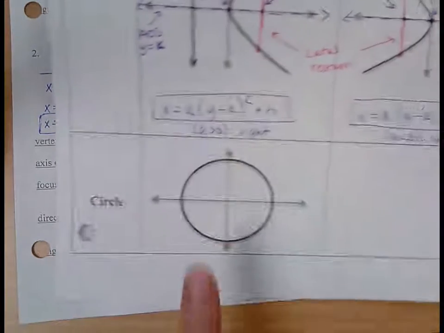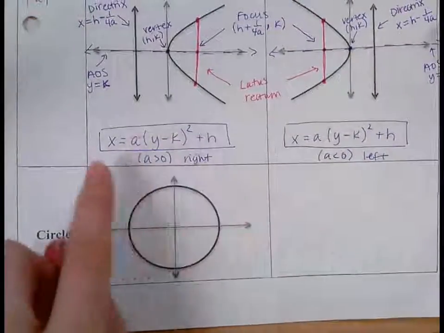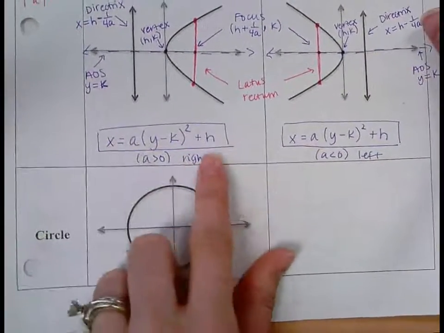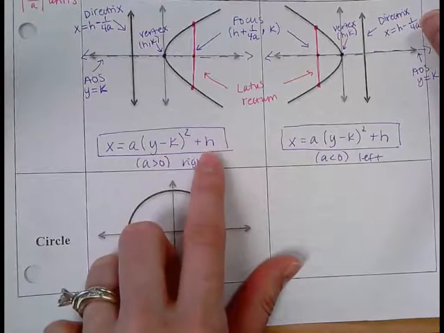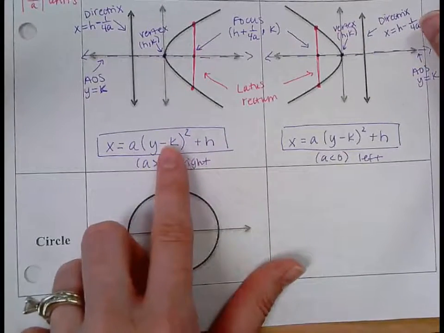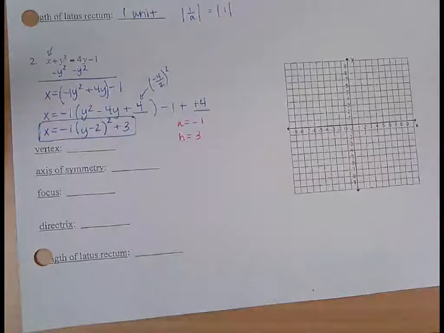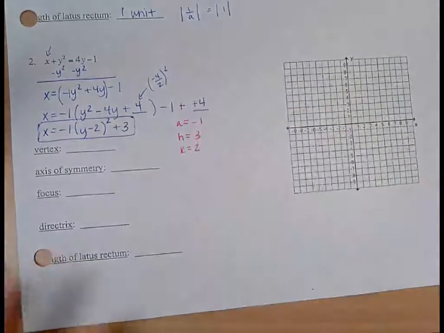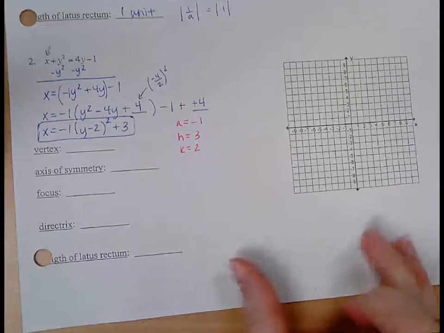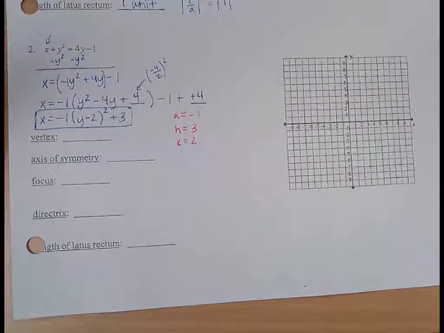It's not meant to be a trick. It just is tricky. When it's x equals, H and K have now switched places. So H is out of the parentheses, K is inside the parentheses. So H is positive 3, K is positive 2. Okay, if you have those switched, that's going to throw off your graph.